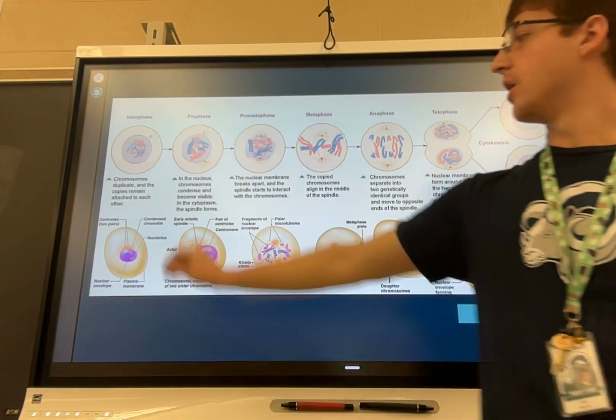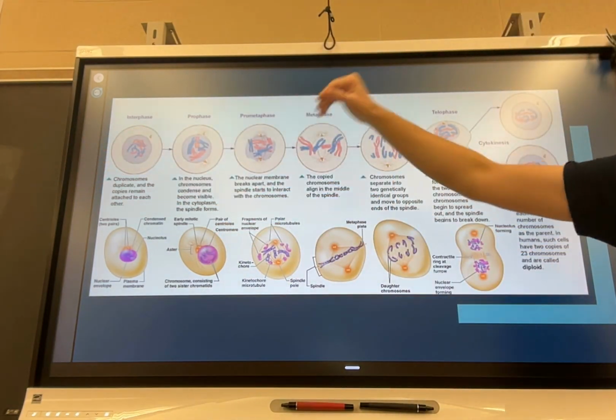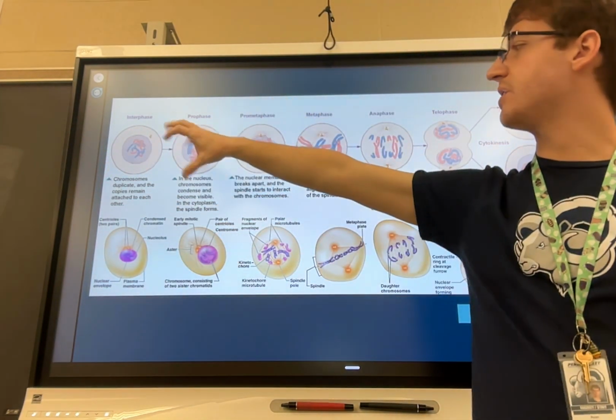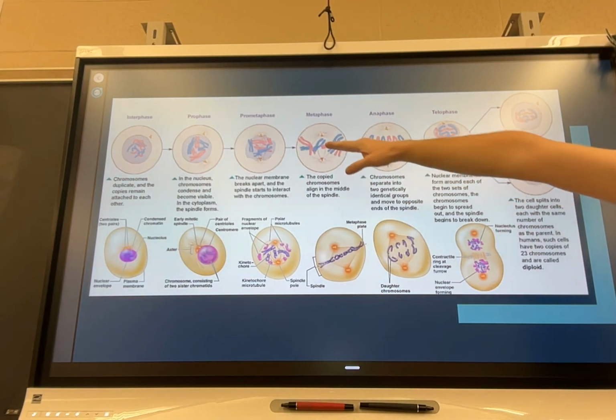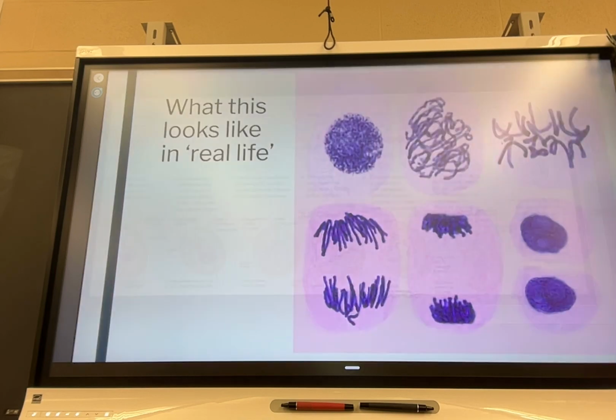So we have our interphase, our normal cell life, prophase, nucleus breaks down, chromosomes start to form, metaphase, chromosomes line up at the middle of the cell, anaphase, we start to have disjunction, the chromosomes pulling away from each other. Telophase, we have the nuclei coming back together to form 2 new nuclei, and cytokinesis, finally the cytoplasm pulls away, and we are left with 2 new cells.